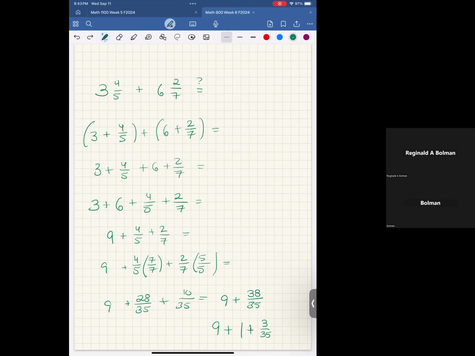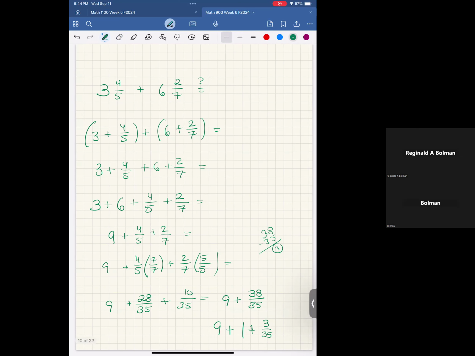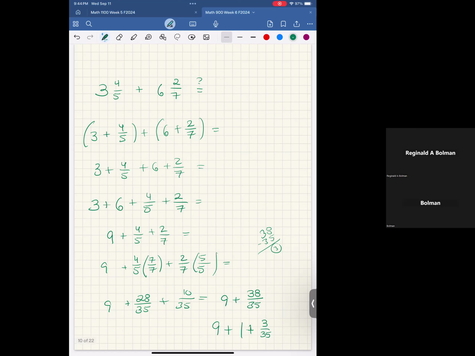You're going to have 3 remainder, because if you do 38 minus 35, you're going to get a 3, meaning if you went one time into 38, you'd have 3 remainder. So you can write 1 plus 3 over 35 to represent the division process there. And finally, we can add 9 with 1, giving us 10, and you'll have 3 over 35 left over.